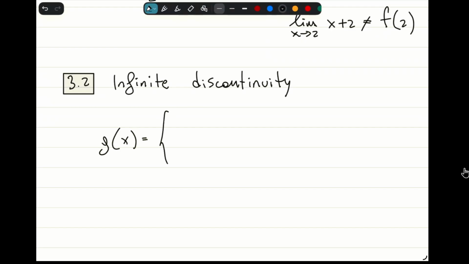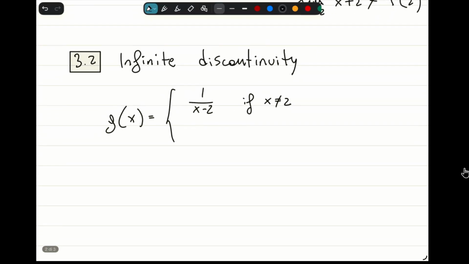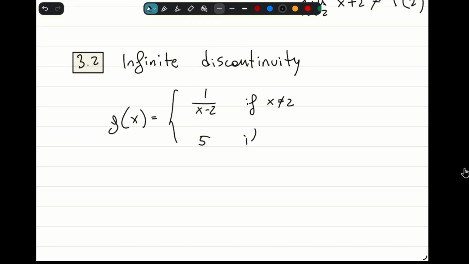We have 1 over x minus 2 if x is different than 2, and 5 if x is equal to 2.